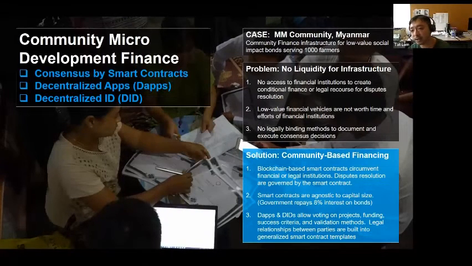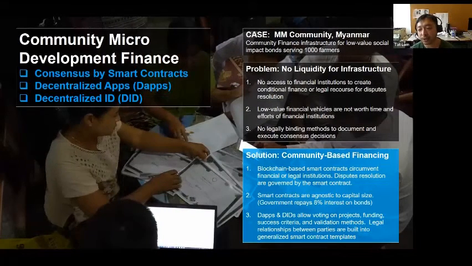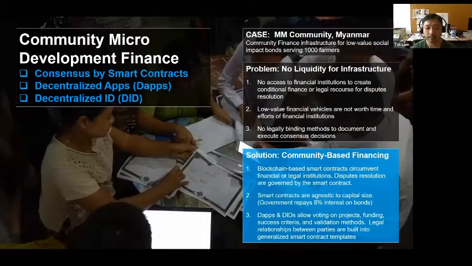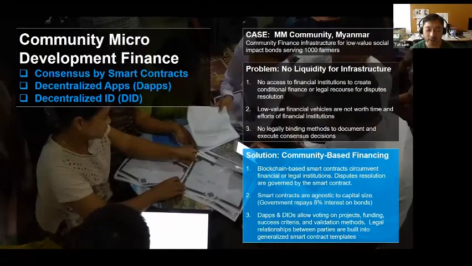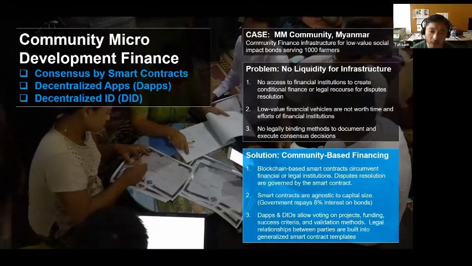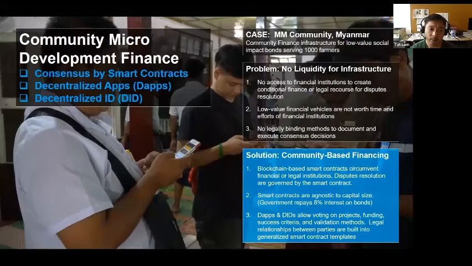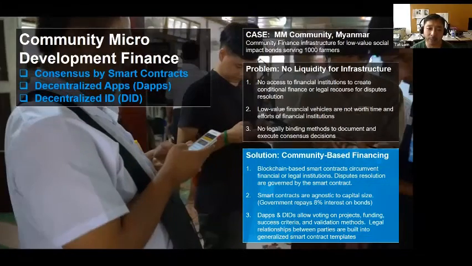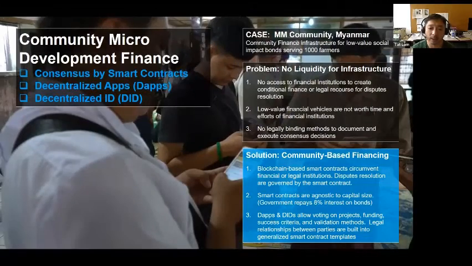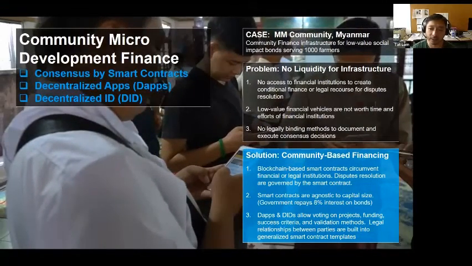And after they finish, if they achieve all the milestones or even over-deliver on the development, the government will also pay extra, maybe 5 to 10%, on top of the original budget of the project.